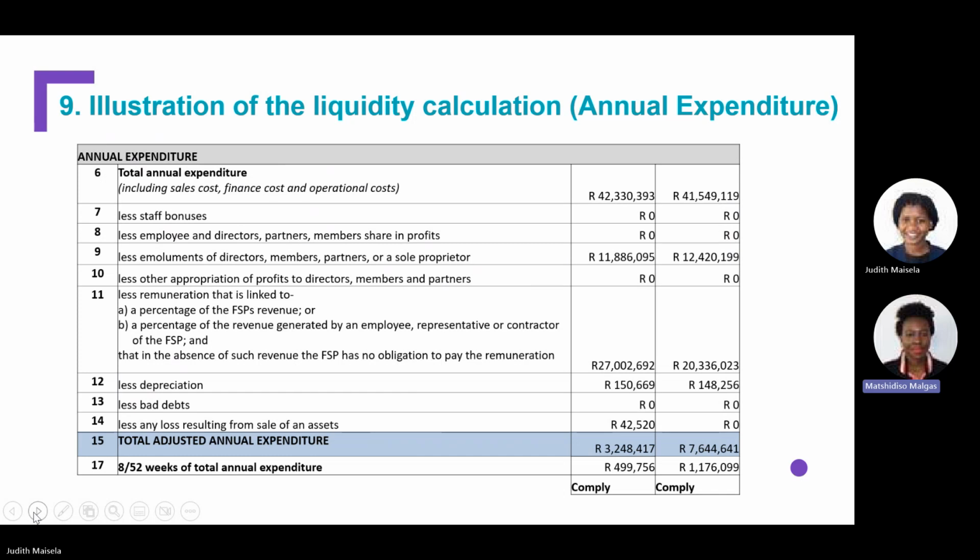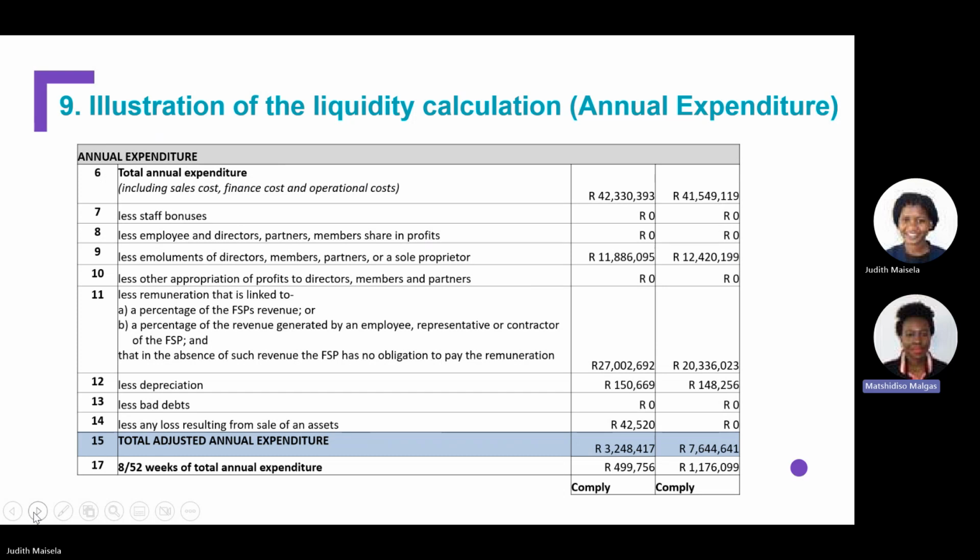These amounts will come from the income statement or the statement of profit and loss, and will also be disclosed in the notes to the financial statements. Total annual expenditure includes cost of sales, finance cost or interest expense, and operational costs, which are operating expenditures and administrative expenditures.